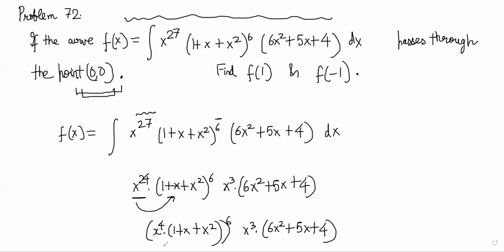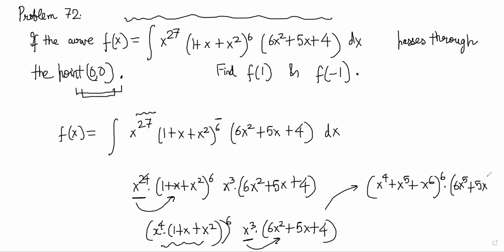And now let's think about this term. This term is becoming (x power 4 plus x power 5 plus x power 6) whole to the power 6. And then if you multiply x cube with the other bracket, you will get 6x power 5 plus 5x power 4 plus 4x cube.